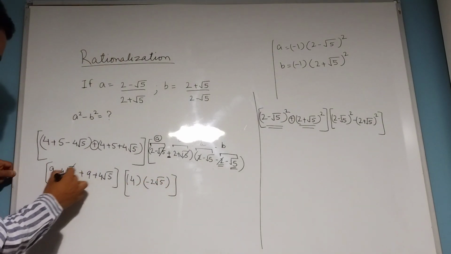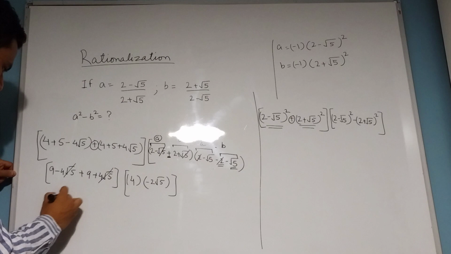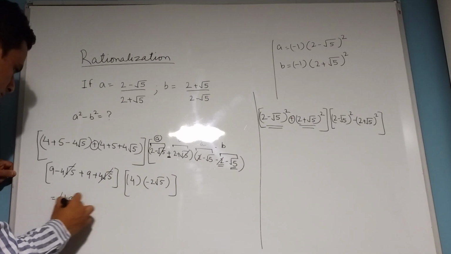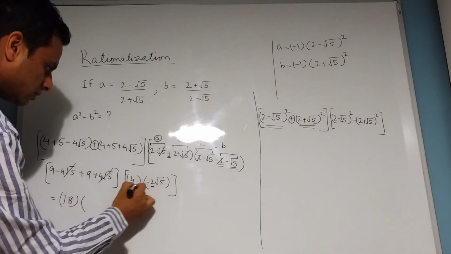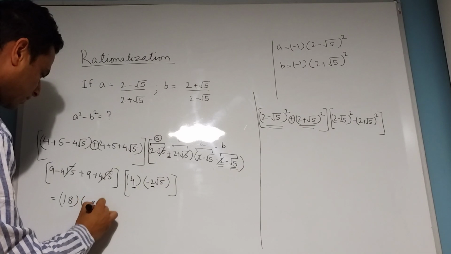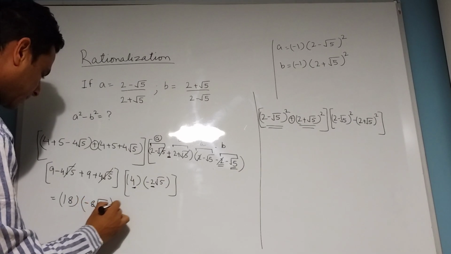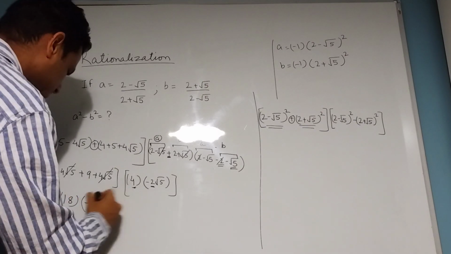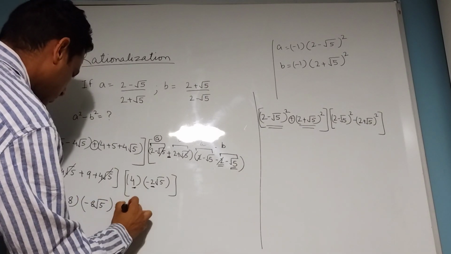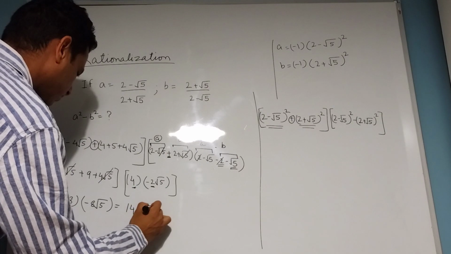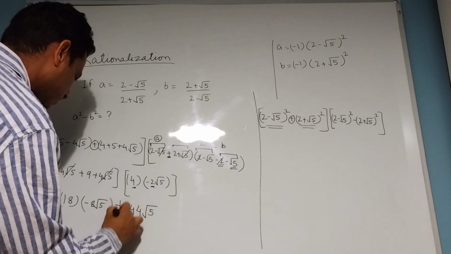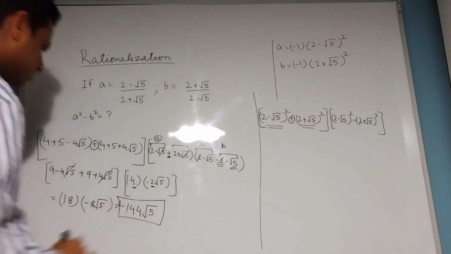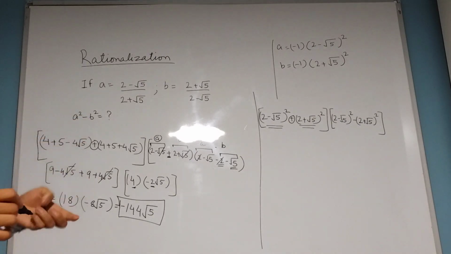Here minus 4 root 5 and plus 4 root 5 gets cancelled. This becomes 18 times minus 8 root 5. So this becomes 144 root 5 with a negative sign. So that's the answer of a squared minus b squared.